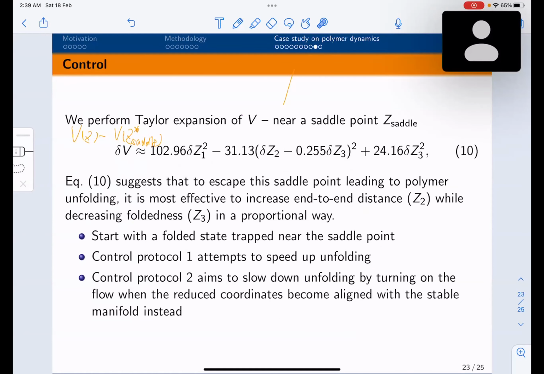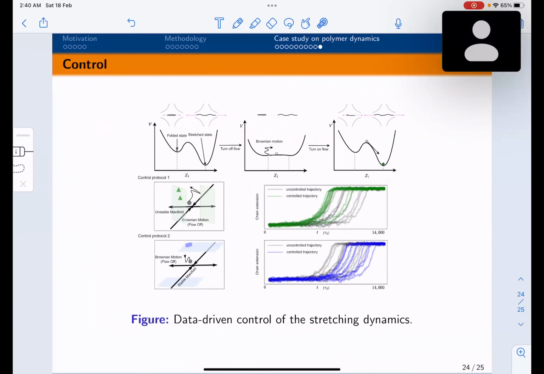So the Hessian matrix of this Taylor expansion, that means equal to gradient V at Z star transpose, and the Hessian times Z minus Z star. We compute the eigenvector of the Hessian matrix to get the direction.